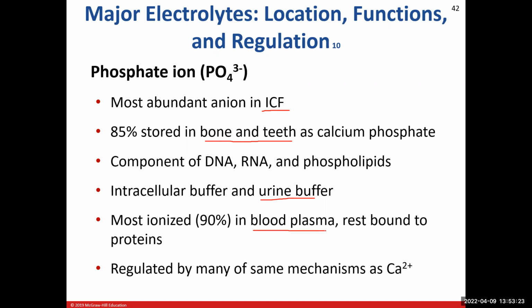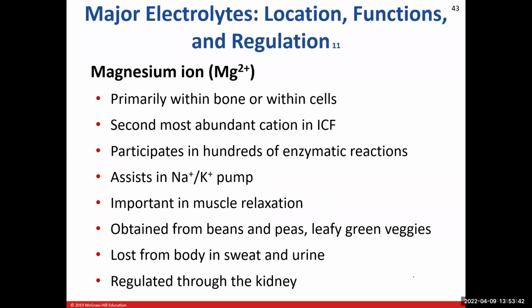The remaining amount is going to be bound to transporter carrier proteins. So when we regulate phosphate, simple to remember, it has the same regulatory mechanisms as calcium. Pretty much what calcium does, phosphate will do the same.